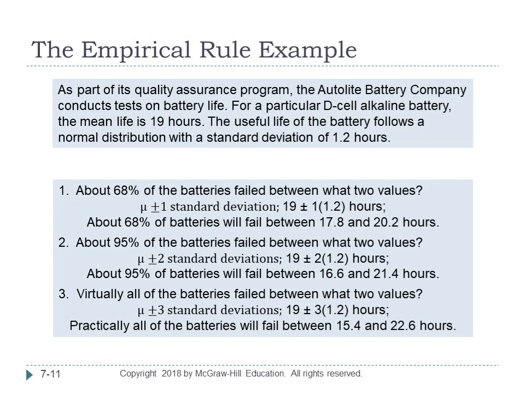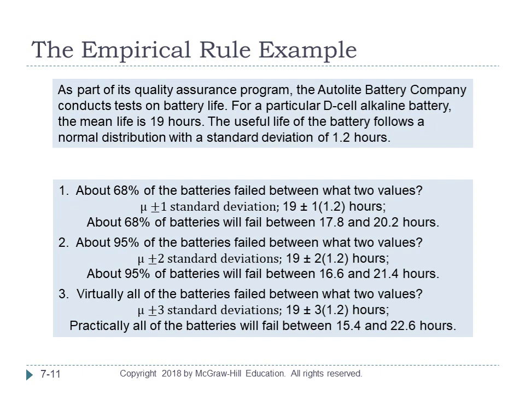Now, 68% of the batteries fail between what 2 values? You have to go plus or minus 1 standard deviation. This is 19 minus or plus 1.2, which is the standard deviation. So 68% of the batteries will fail between 17.8 hours and 20.2 hours.